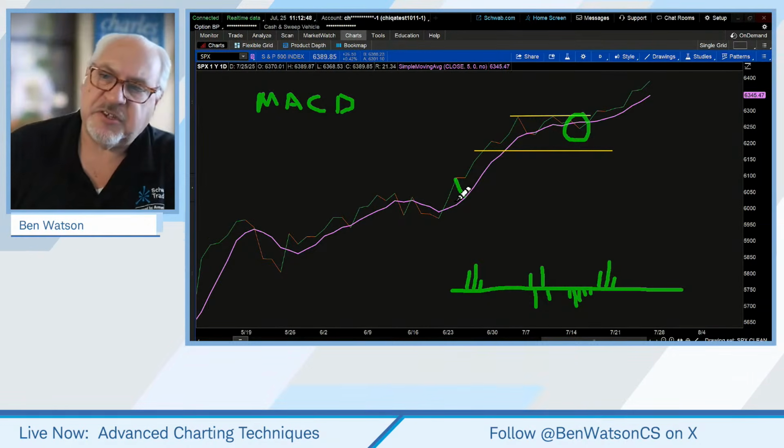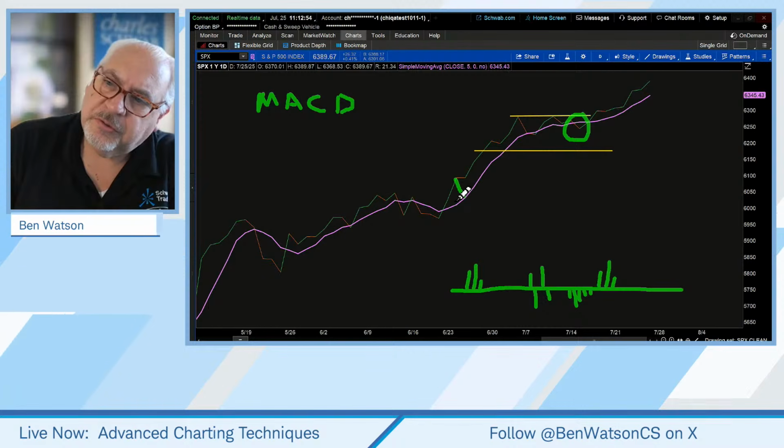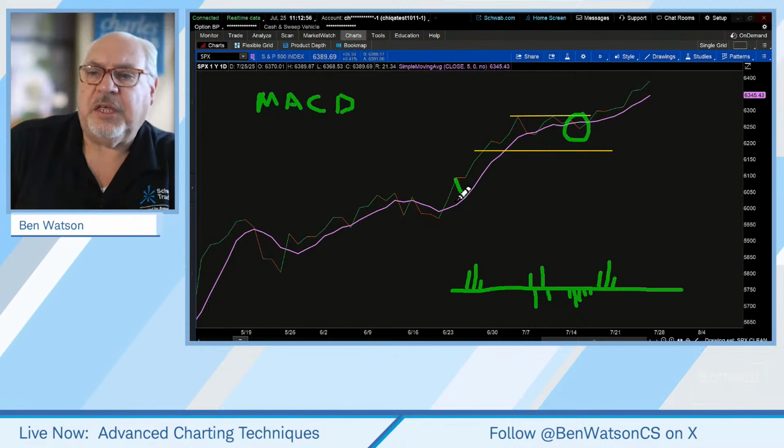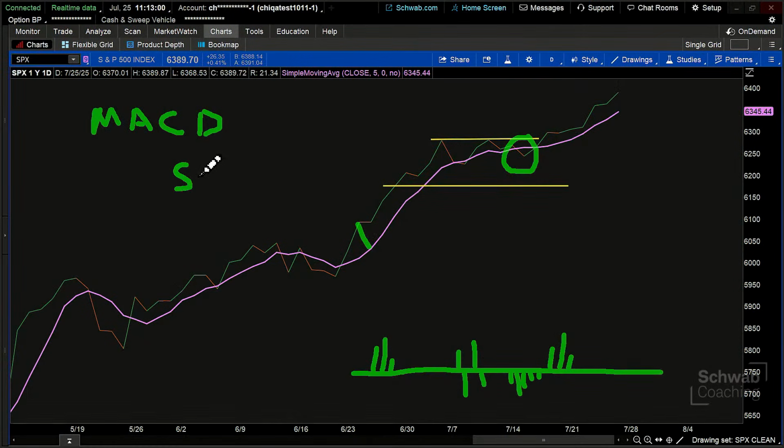So that means smooth equals lag. A smoothed indicator equals a lagging indicator, because the smoothing impact takes out some of the more rapid signals. Okay, that's fair.